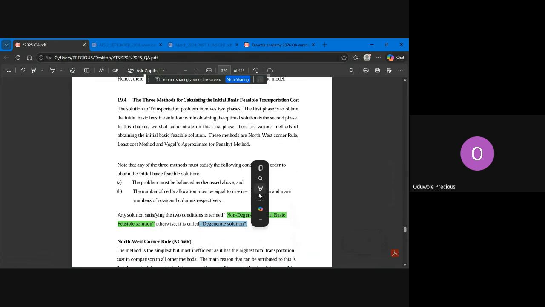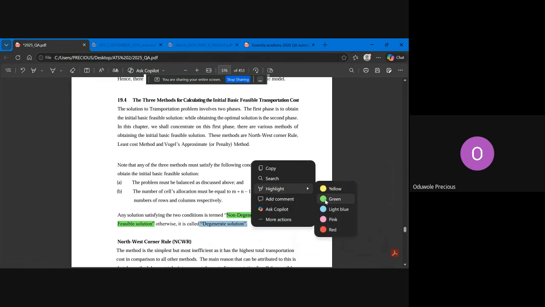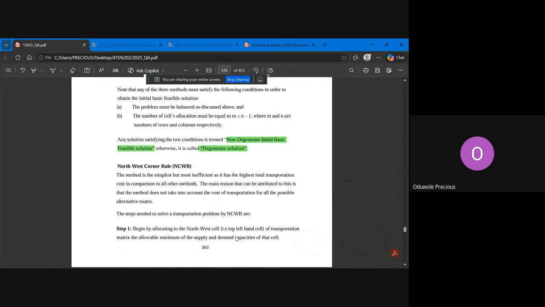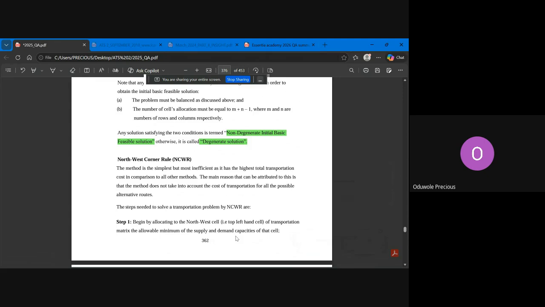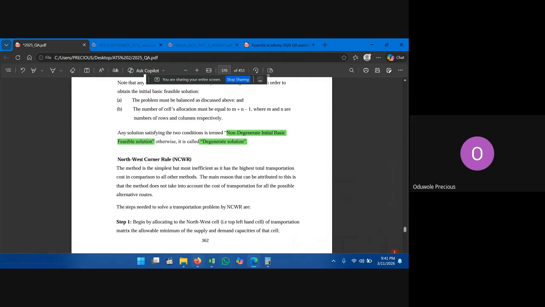Okay, so let's quickly go to the big deal, which is our methods of solving the transportation problem. The first one is the northwest corner, and that's the simplest but the most inefficient, and it will give you the highest cost.